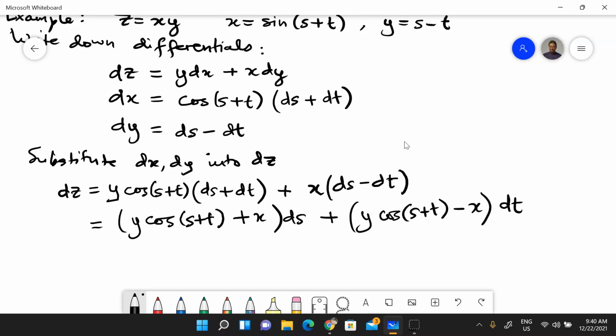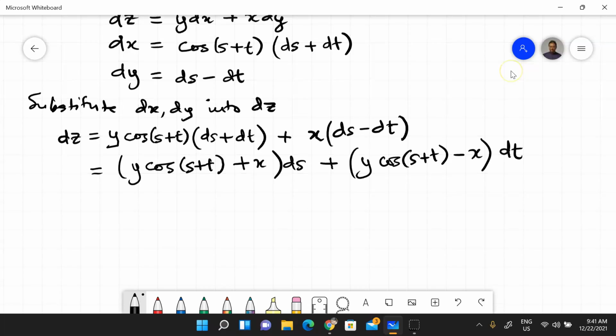Okay, recall what we have in terms of partial derivatives. Partial derivative is when you have two independent variables, you keep one of the independent variables constant, and then differentiate the other variable. So for example, consider s is constant.